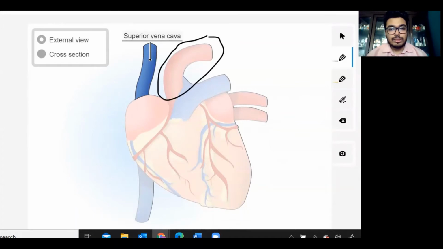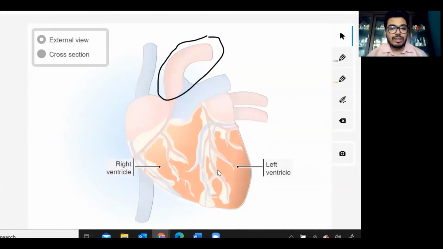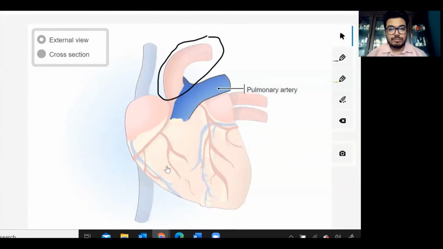As you can see, if the students are not aware of certain things, they can just click and they get to know more details through labels mentioned on every part of the heart. For example, this is the right ventricle and the left ventricle, and this is the left atrium, right atrium. This is the aorta, superior vena cava, pulmonary artery.